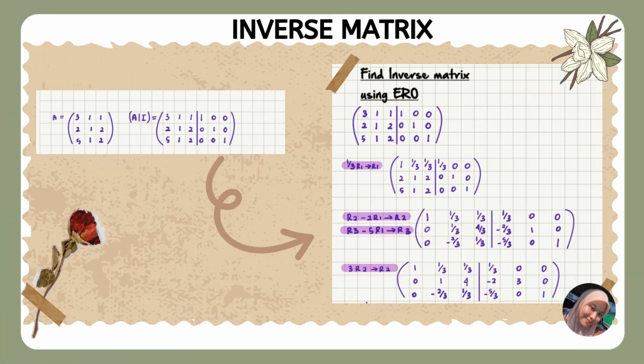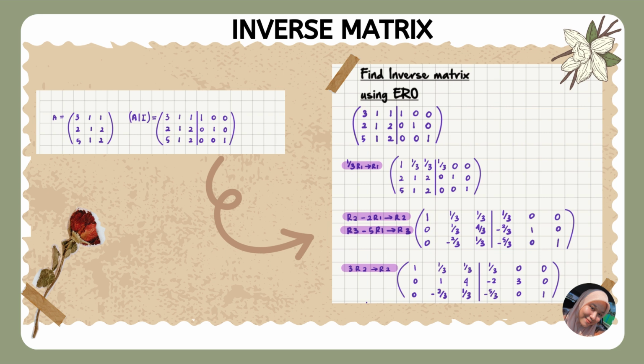In this slide, we are going to find the inverse matrix of A. So we have matrix A that contains the elements shown in the slide. If it is a 2 by 2 matrix, we can simply find the inverse using the formula given. But how about a 3 by 3 matrix and so on? In this case, we can find the inverse matrix by forming an augmented matrix with the identity matrix shown in the slide.